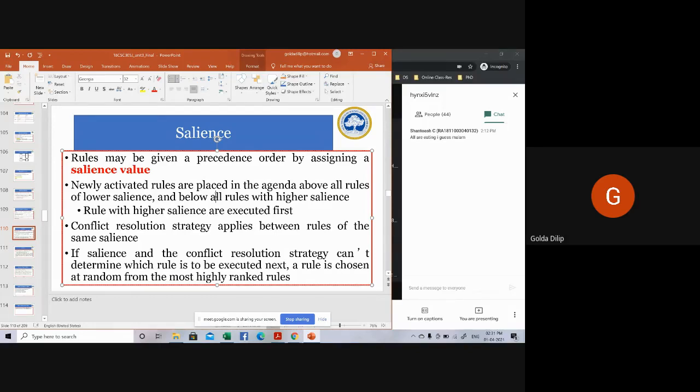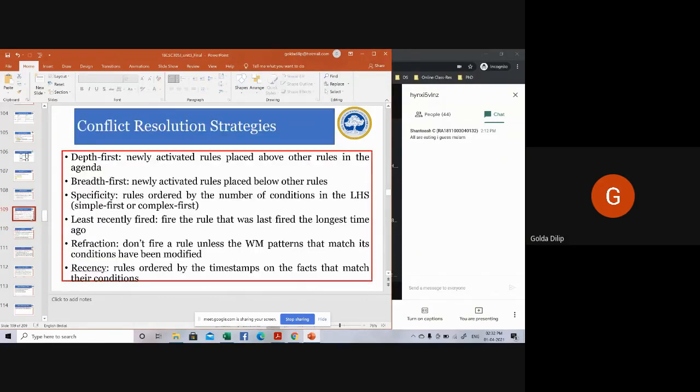A higher number means a higher priority, so the rules with higher salience will be executed first. So that's what salience is. That's one way of resolving the conflict, by assigning salience values to it.